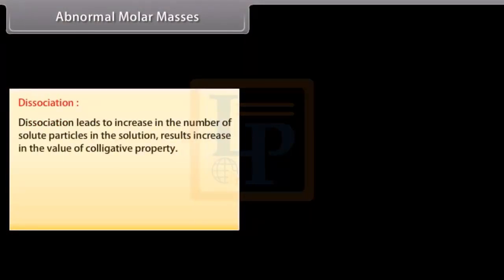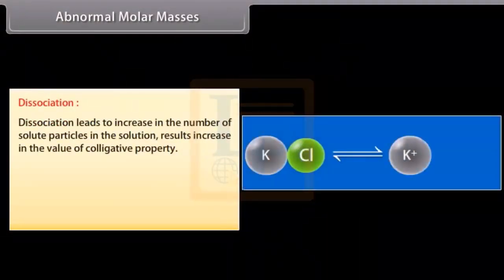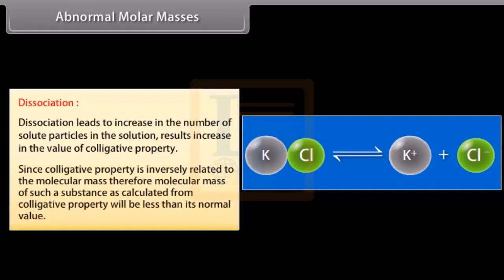Dissociation. Dissociation leads to increase in the number of solute particles in the solution, resulting in increase in the value of colligative property. Since colligative property is inversely related to the molecular mass, the molecular mass of such a substance as calculated from colligative property will be less than its normal value.